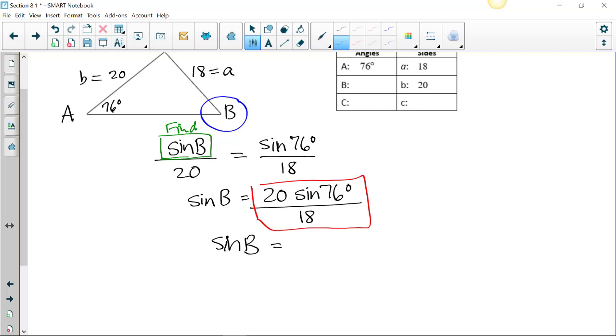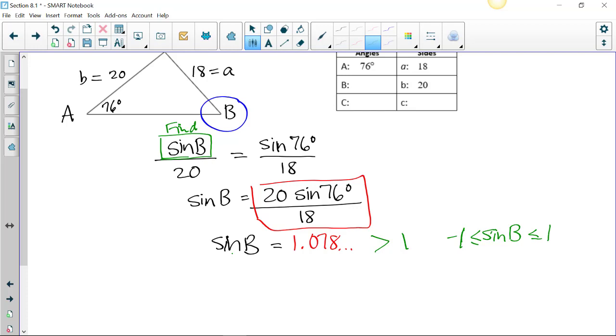Okay, so when I put that value in the calculator, I get 1.078. Okay, so what that's telling me is it's saying there's some angle whose sine is 1.078, which is greater than 1. And if you recall, the sine of any angle has to be between -1 and +1, right?